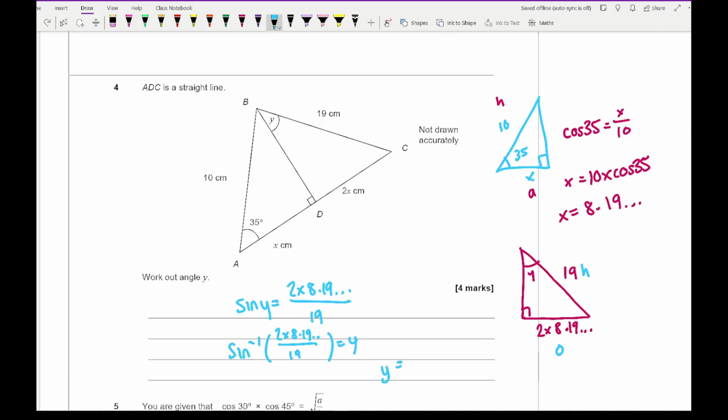I've got inverse sine of 2 times 8.19 divided by 19, and it gives me an answer of 59.5537899. So I'm just going to call this y equals 59.6 degrees to 1 decimal place.